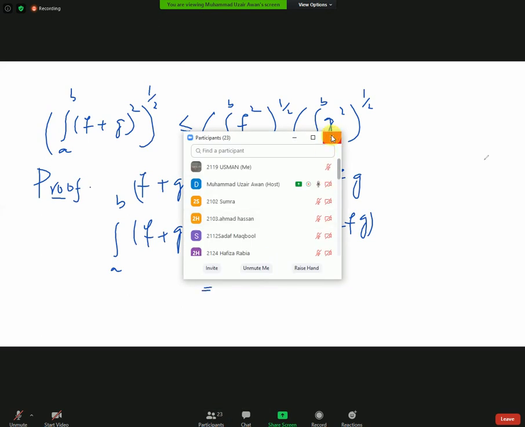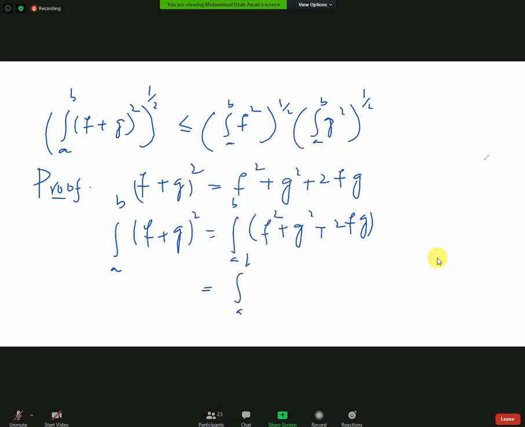Integral को separate करें, we have a to b f square plus g square plus 2 fg.